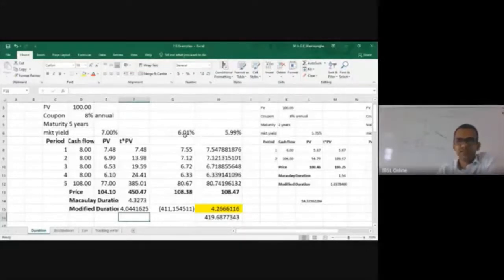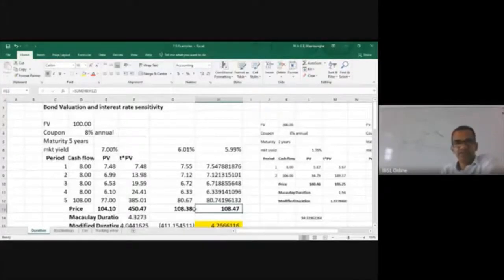This is the same thing but at different yields. The bond is priced, and you get different prices. If the yield is 6.01, the price is 108.38. If the yield is 5.99, the price is 108.47.